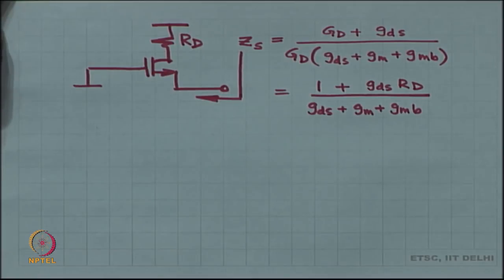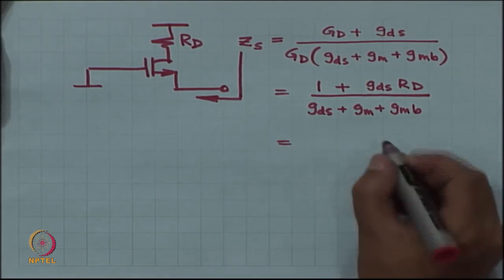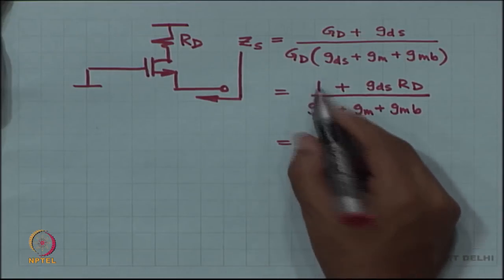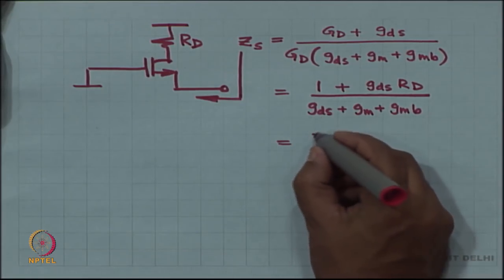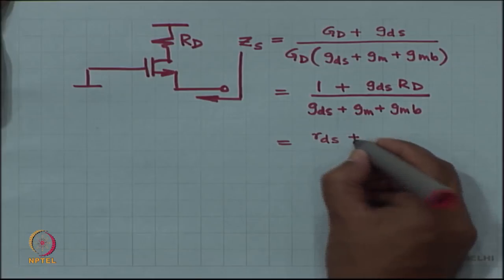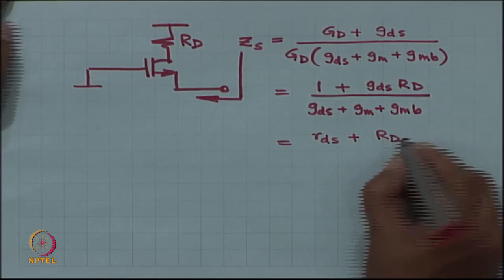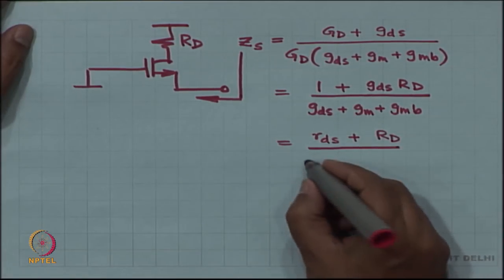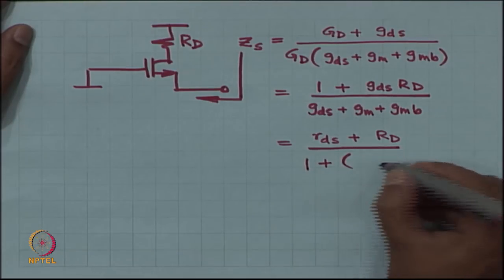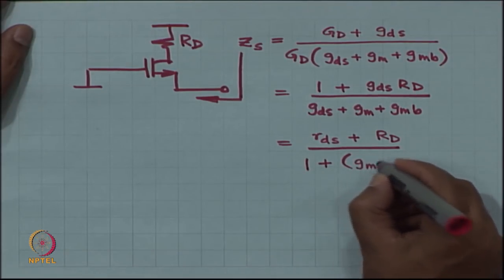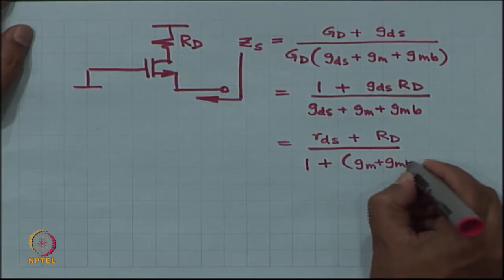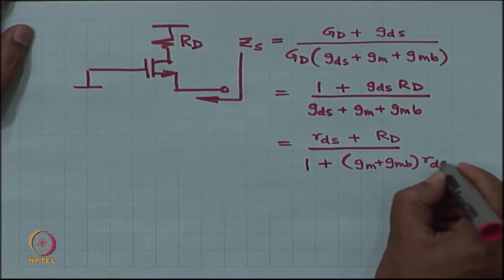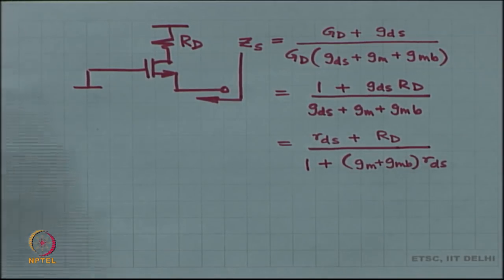And then if you want, you can further multiply it by rds, both numerator and denominator. So, then it becomes (rds plus RD) divided by 1 plus... okay, so this is how it is.